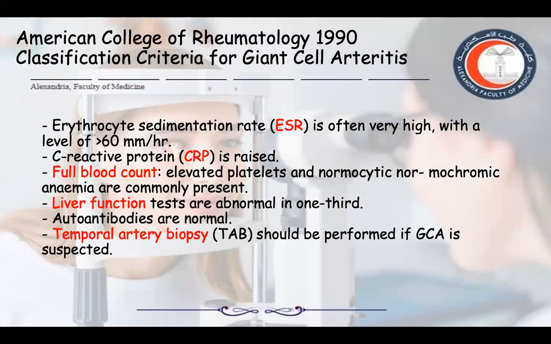These are the 5 criteria for diagnosing GCA according to the American College of Rheumatology: high ESR, at least 50, age at least 50, new headache, temporal tenderness, and positive temporal artery biopsy.